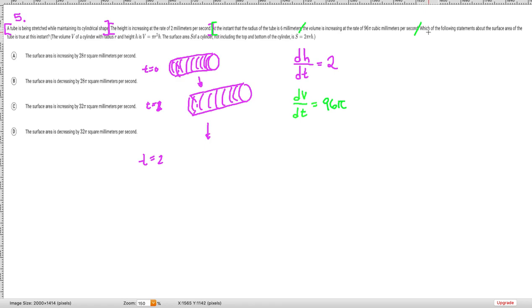And now it's asking which of the following statements about the surface area of the tube is true at this instant.